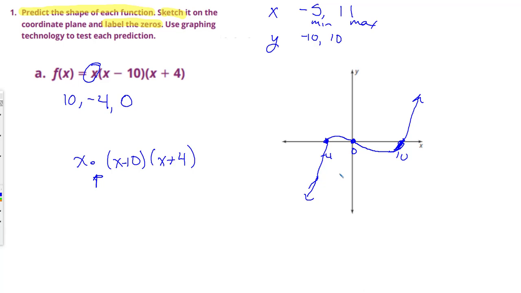Did it kind of match? You may have seen it go up a little bit higher or lower, depending on what your window is set at. But this is a good rough sketch of it.